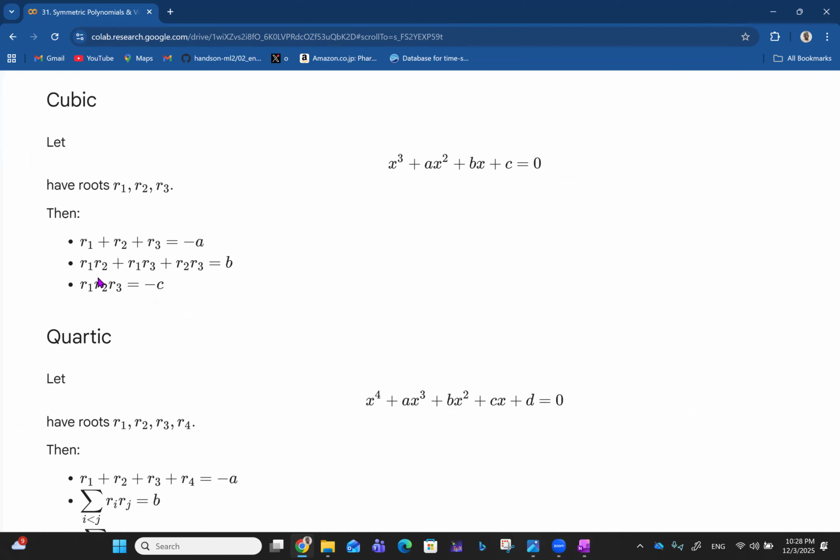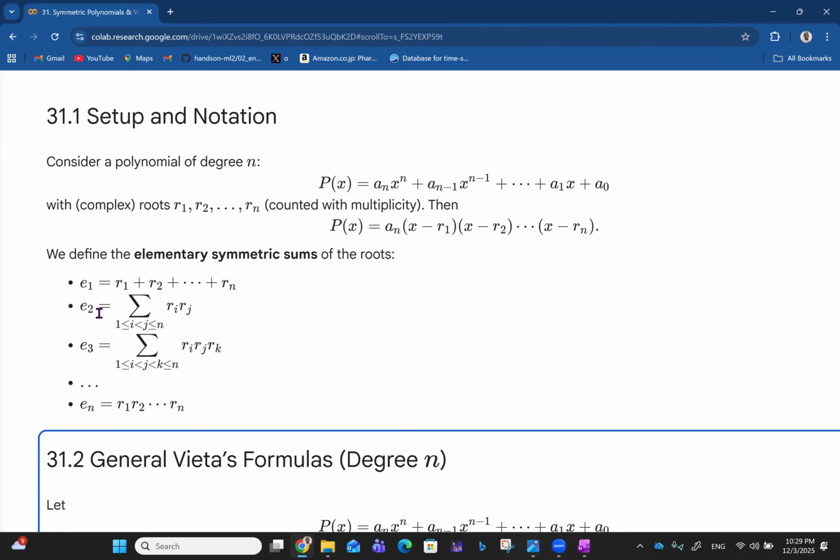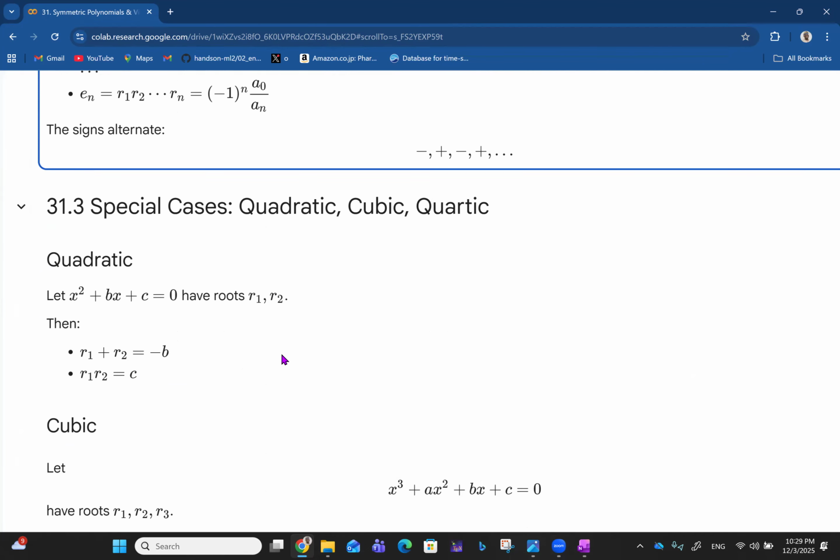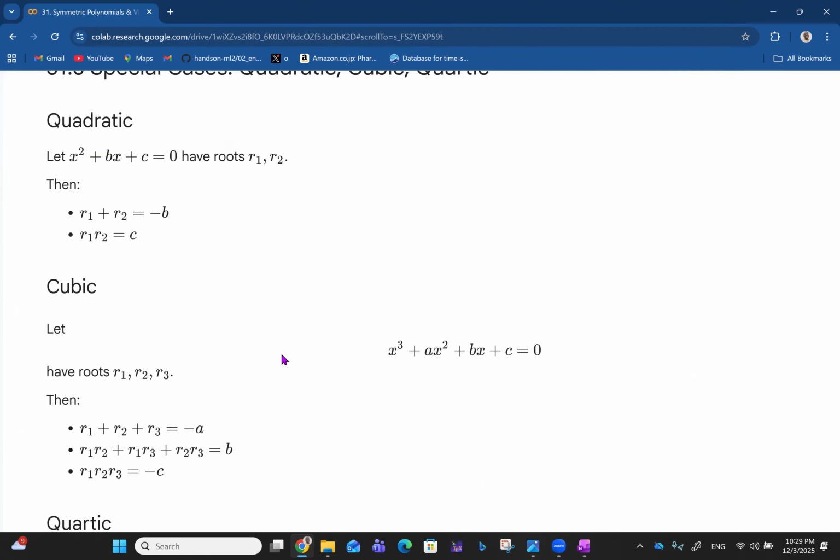Then we take them in pairs: r1 r2 plus r1 r3 plus r2 r3. This is the application of e2. So first of all, add them together in ones, e1. E2, multiply them in pairs and add together. E3, multiply them in triples and add together, and so on. That's exactly what we have here too.